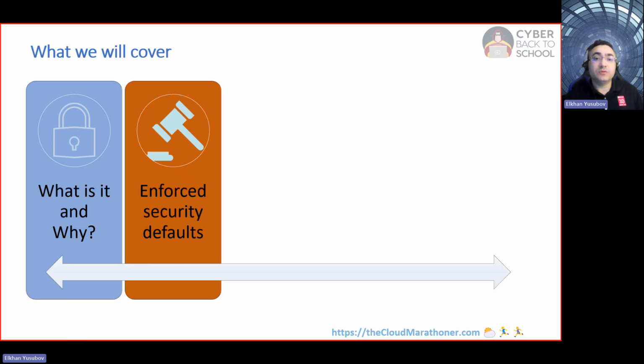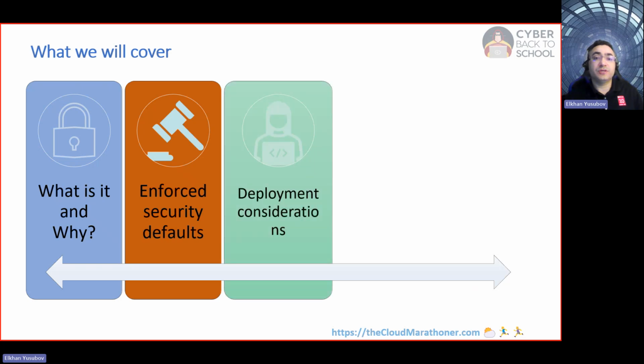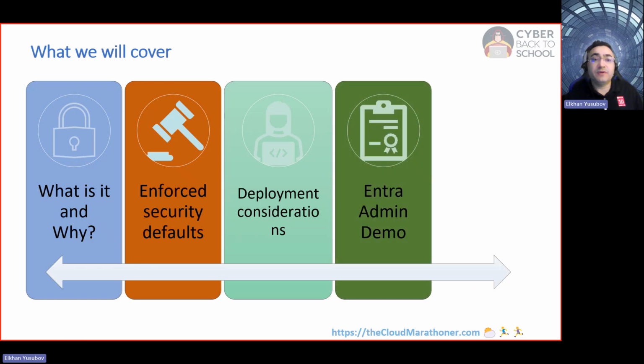Then we'll look into deployment considerations when you are trying to deploy that. Then we'll have a brief demo of the Entra Admin Portal, showing the Microsoft Entra ID security defaults, where you can turn them on, and what type of settings to expect. And then we'll have a wrap up at the end with Q&A.